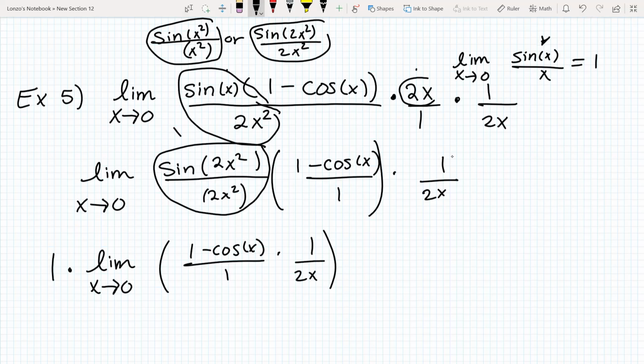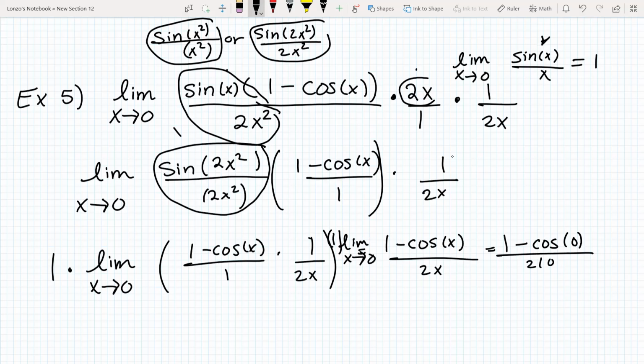So this is 1 minus cosine of 0 over 2 times 0.